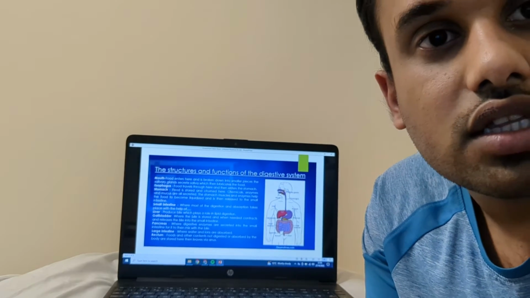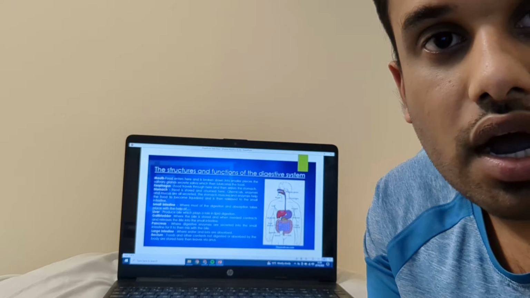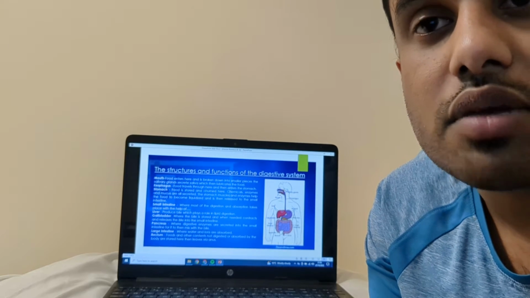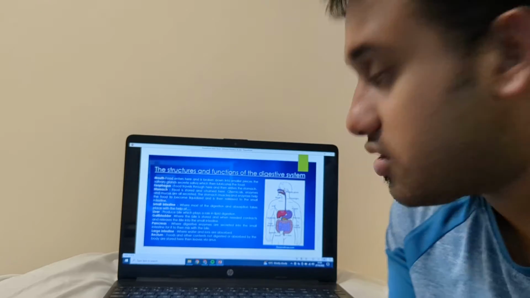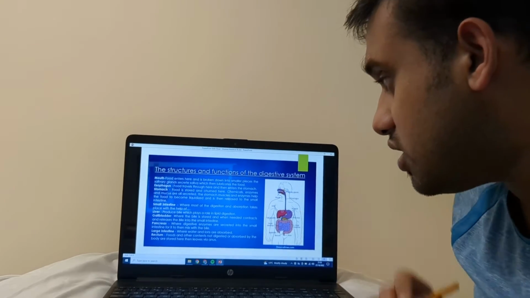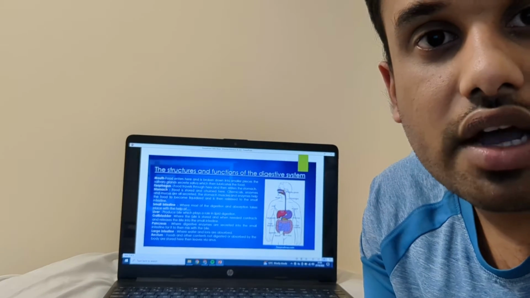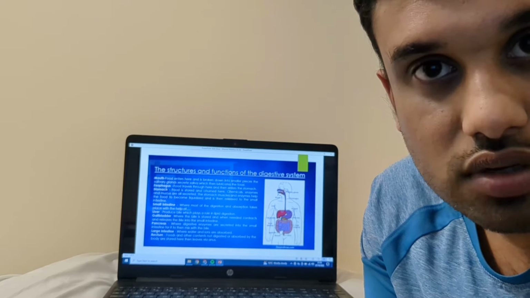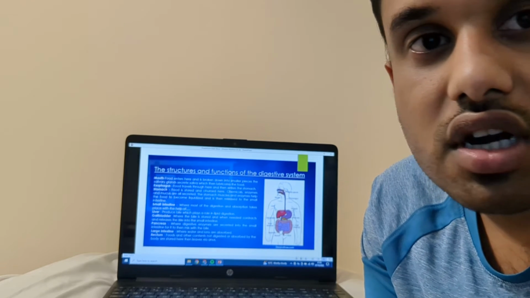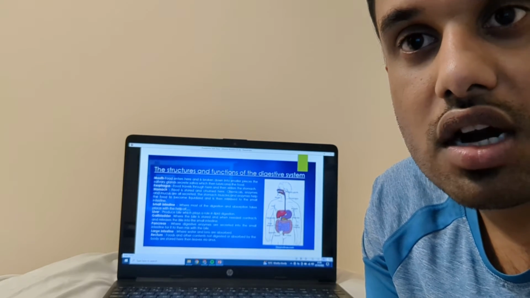The liver produces bile, which plays a role in lipid digestion, and the gallbladder is where the bile is stored, and when needed it contracts and releases the bile into the small intestine.